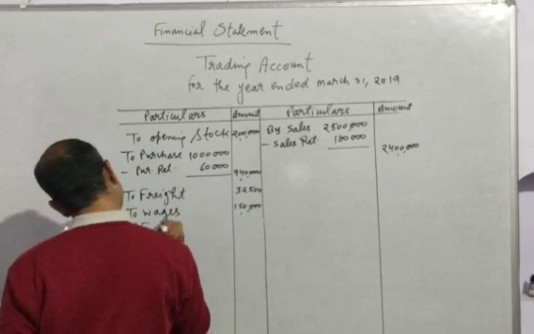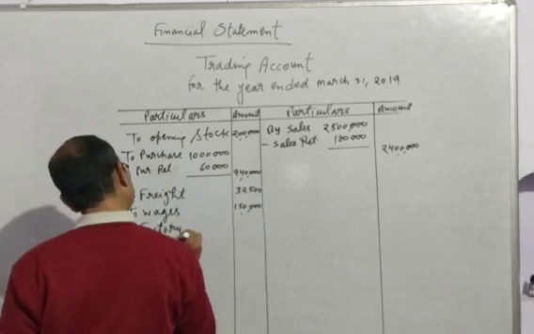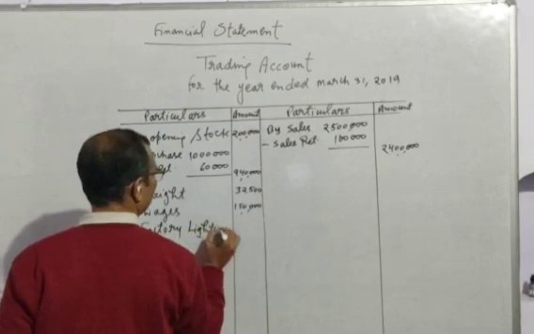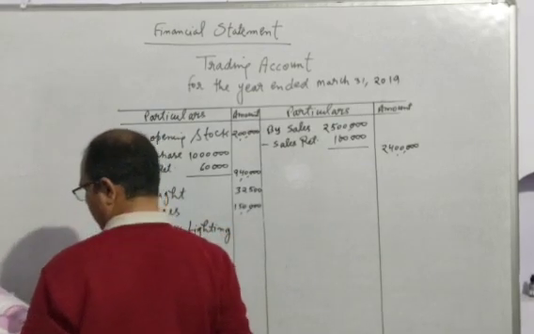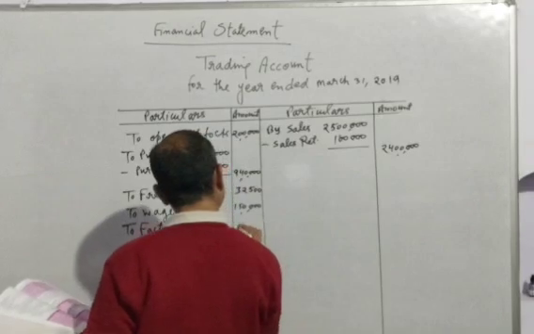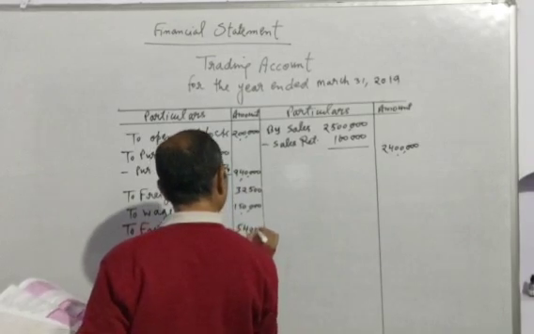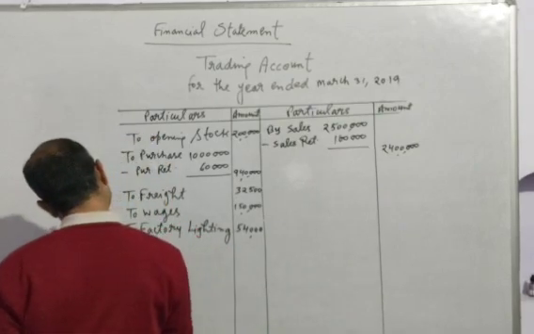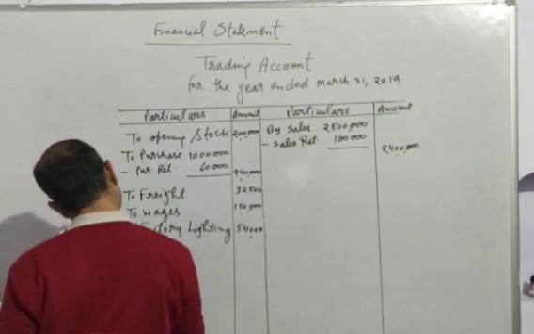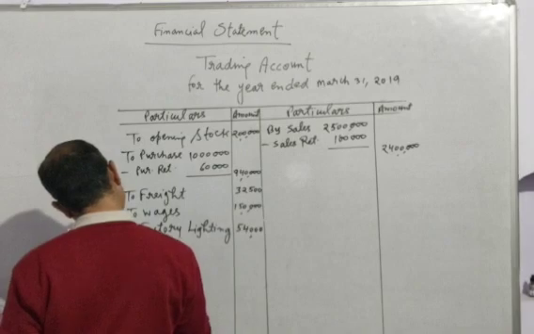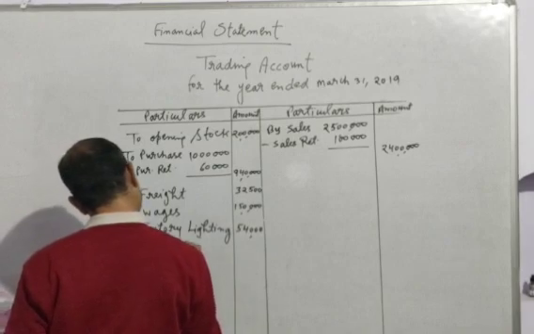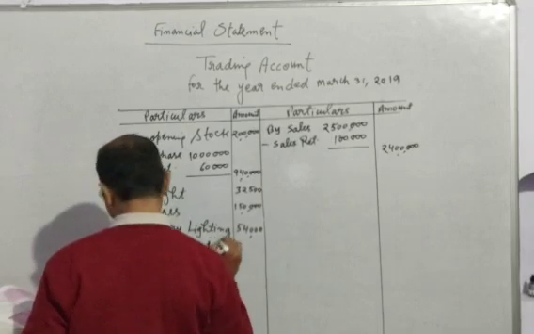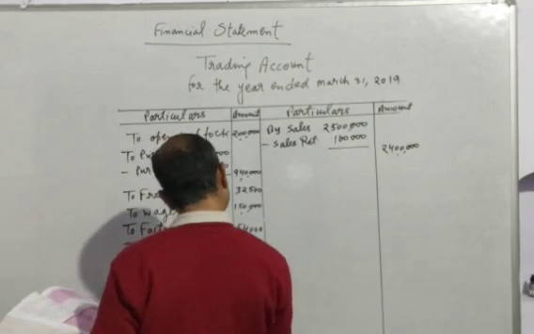So we will write factory lighting, and the amount is 54,000. The next is coal, gas and water of rupees 11,000.